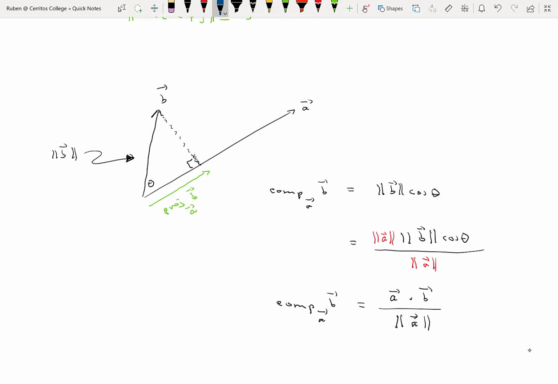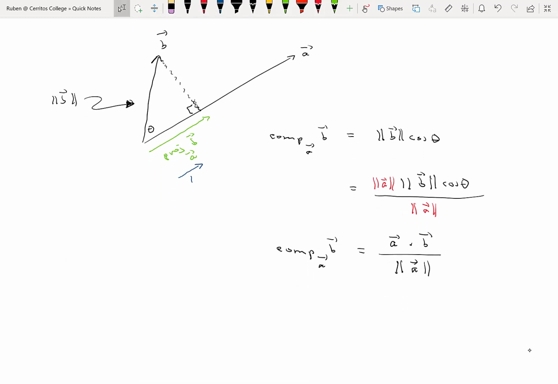How can I construct a unit vector in the direction of A? Well, not tough. If I take the vector A and multiply by its reciprocal, you can kind of write it as A divided by the length of A.